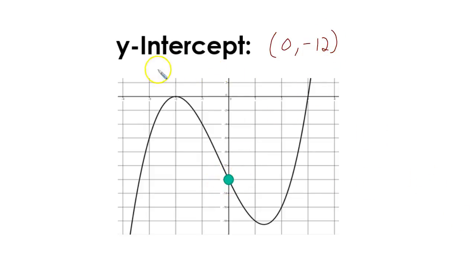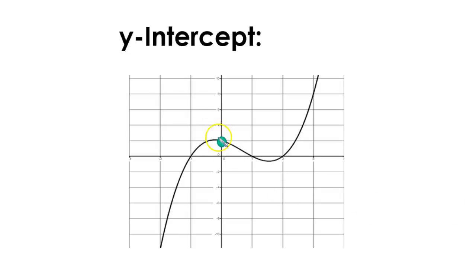We don't have any special names for y-intercepts like x-intercepts. You know, x-intercepts, we can call them roots or zeros or solutions, but for y-intercepts, it's just y-intercept, that's it. That's the only word, and we'll list it out as a coordinate on the coordinate plane where it crosses the y-axis.